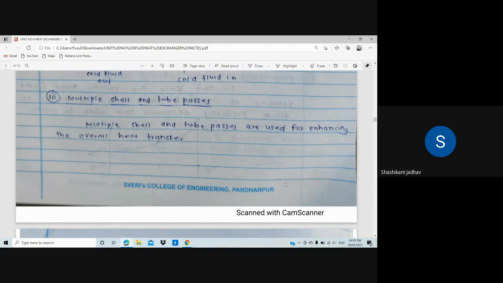It is possible to use multiple shells. By using multiple shells we can improve the overall heat transfer coefficient, or we are enhancing the overall heat transfer. Therefore, write down the third type, that is multiple shell and tube passes.